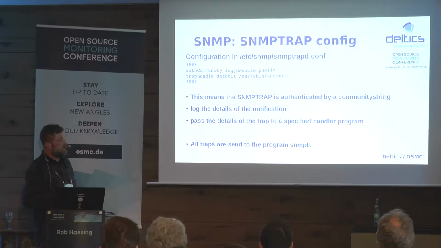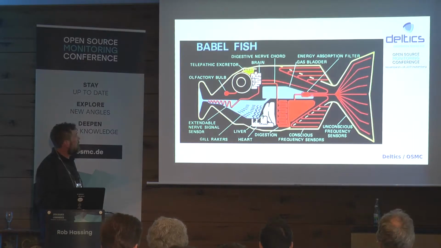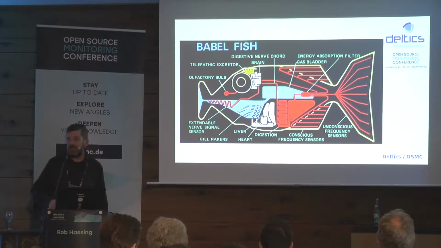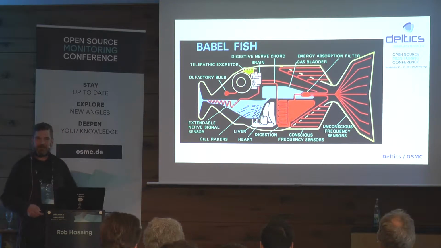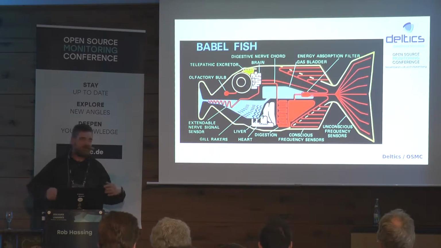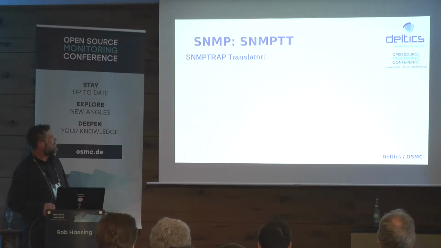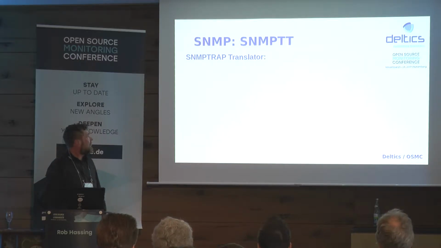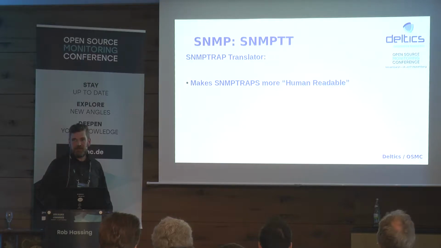In this case, the community string is public, so the system sends out an SNMP trap, and the trap handle, by default, is sending it to SNMPTT, which is a trap translator. But I'll get into depth about that, because we need something to understand it. I've chosen the Babelfish, so it's like everything that talks to us, we can understand it, and we know what it means. The SNMP trap translator makes the traps more human readable.